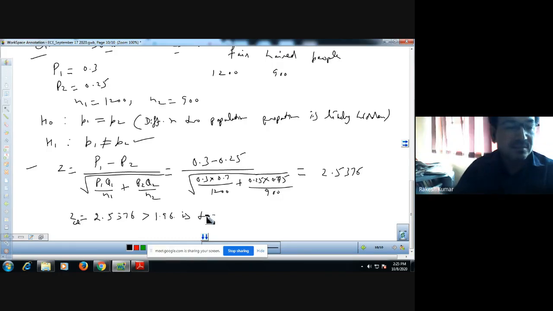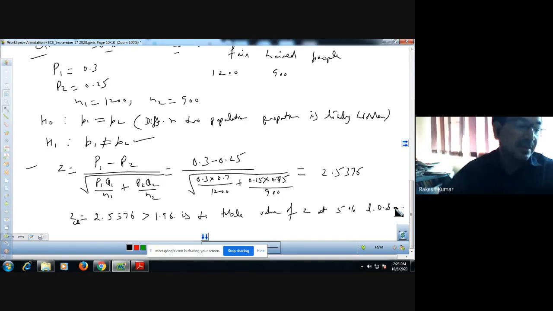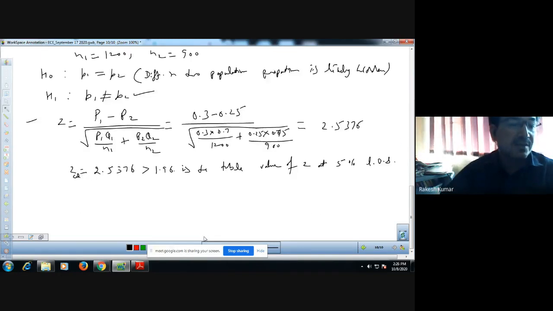Is the table value, or tabulated value, the value of Z at 5% level of significance? And if the calculated value is bigger than the table value, then the null hypothesis is rejected. Therefore, H naught is rejected.